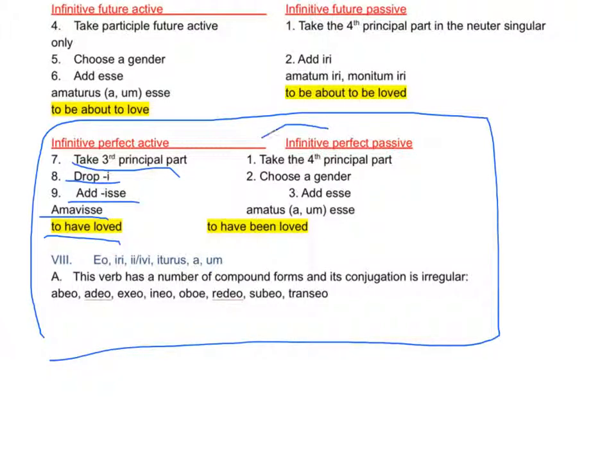Infinitive perfect passive, you start with the fourth principal part, choose a gender, masculine, feminine, or neuter, depending on the subject of the sentence. Then you add esse, and you're done. Amatus esse, or amata esse, or amatum esse. One, but not all three. And that means to have been loved.